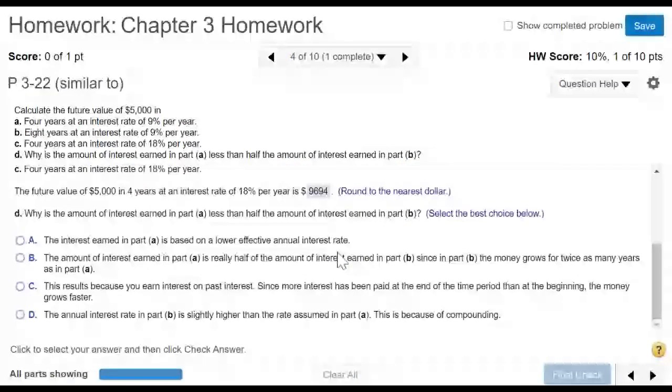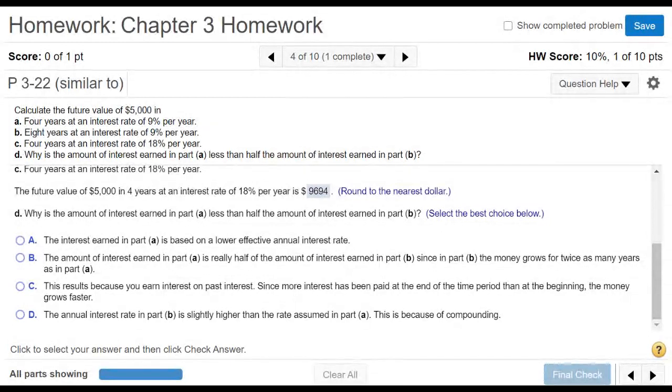So what happens when you put money in the bank? Let's say this amount right here, this $5,000 at 9%. The first year, you're going to get 9% interest.